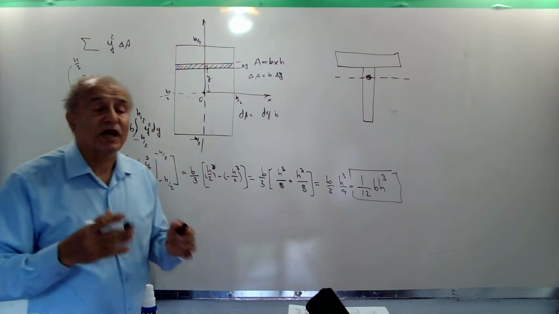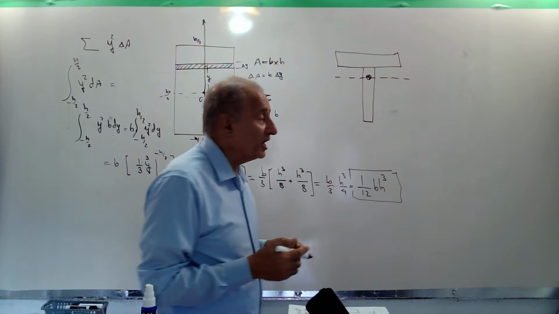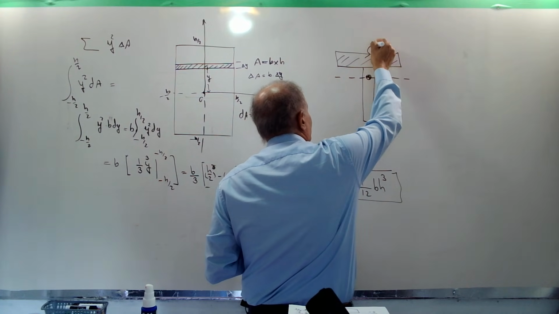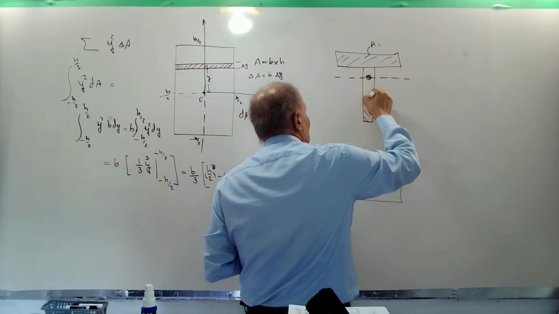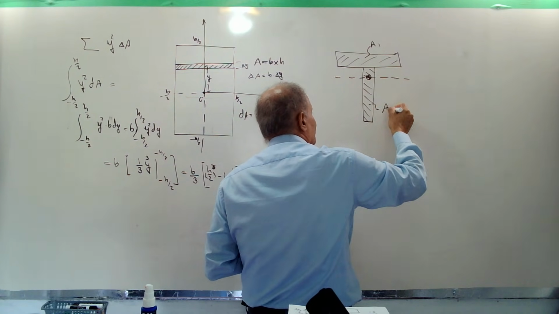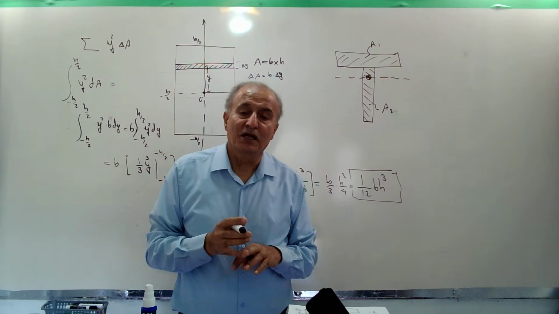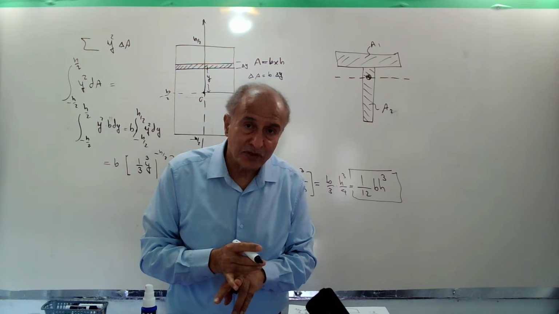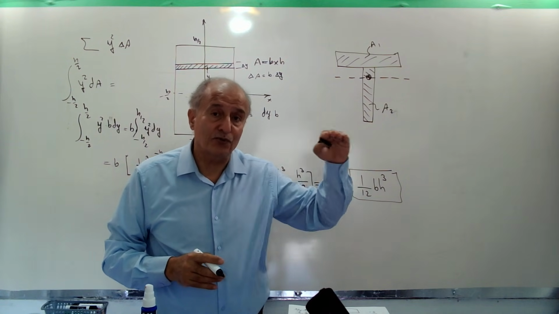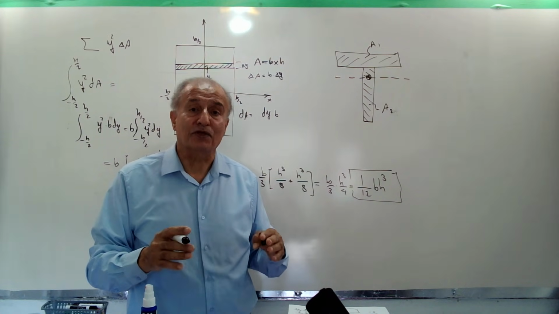Then you must first find the moment of inertia of these two simple geometric shapes: one rectangular top, we call it A1, the flange of the beam, and one rectangular bottom, the web of the beam. This is A2. The method is to find the moment of inertia of each one, and then transfer that moment of inertia from its own centroidal axis to the neutral axis of the beam.